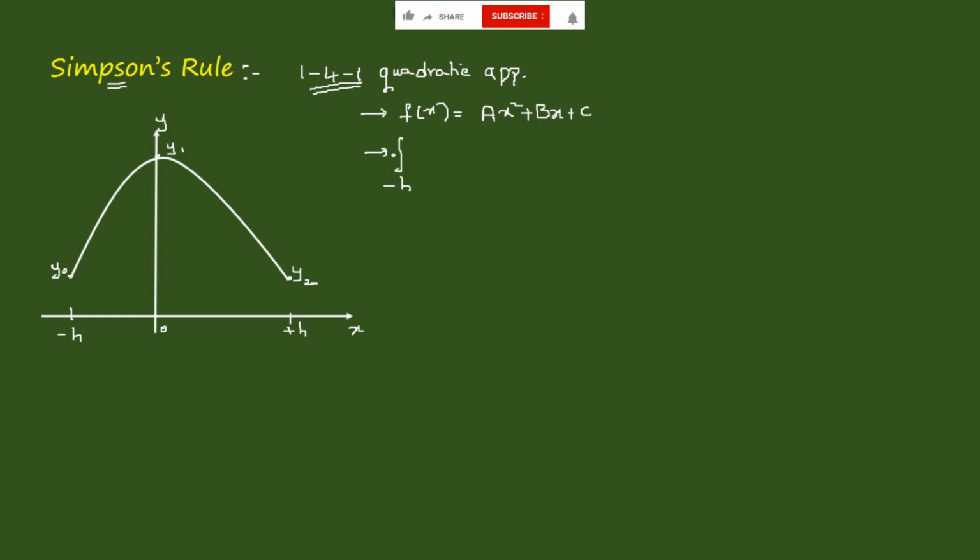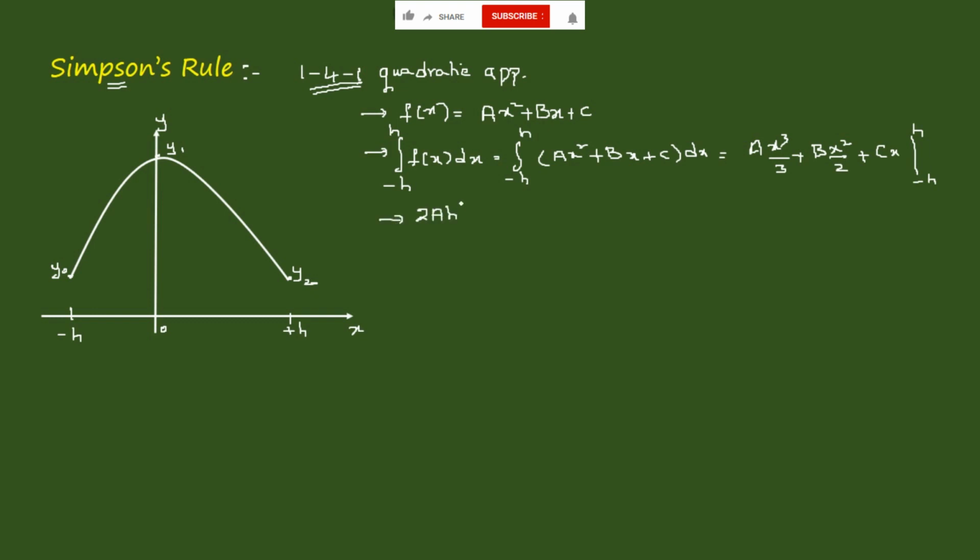To find the area of it, we just integrate it: the integral from minus h to h of f of x dx. So it becomes the integral from minus h to h of ax square plus bx plus c dx. Integrating, we get ax cube by 3 plus bx square by 2 plus cx, the whole from minus h to h.